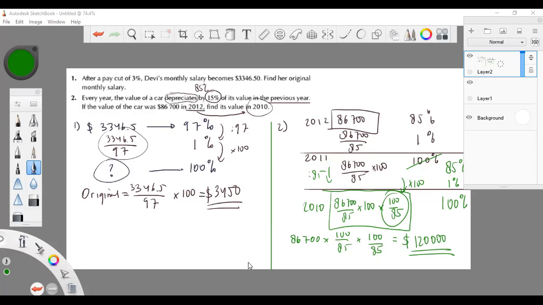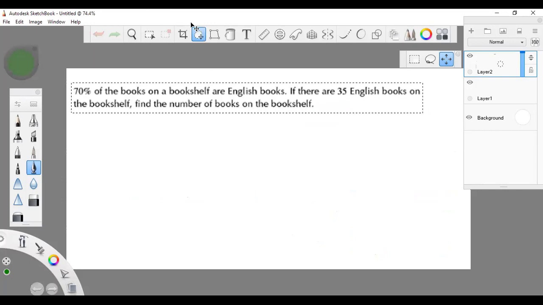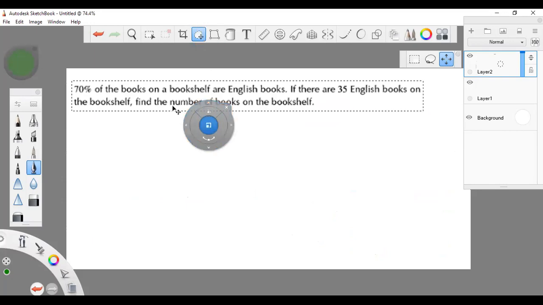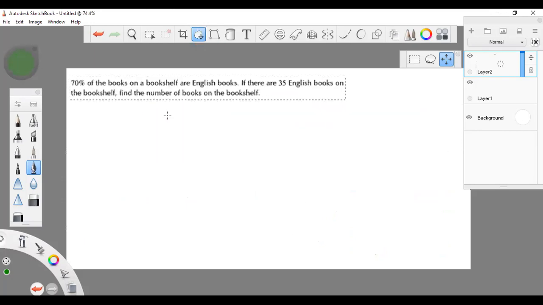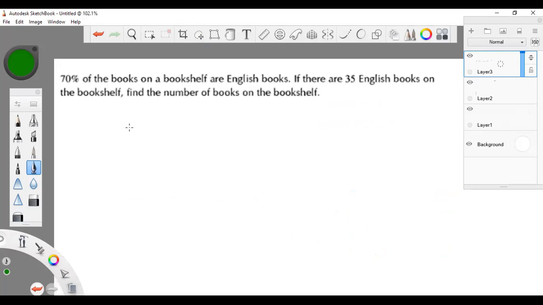I think I have 3 more questions. Okay. 70% of the book is English book. So everything is already in your slides. So 70% is representing 35 books, right?